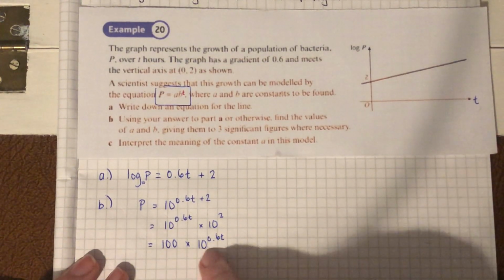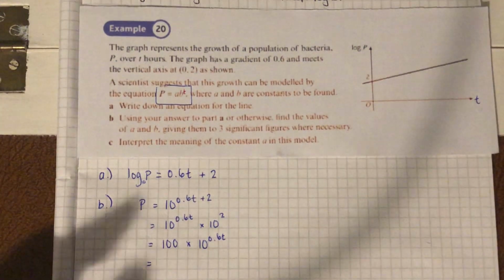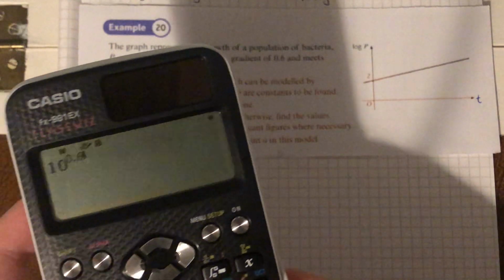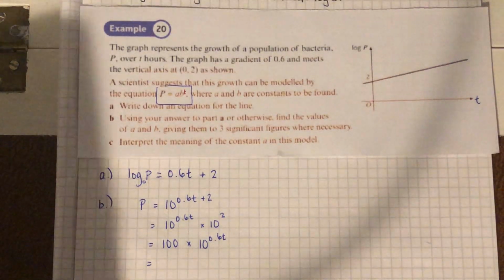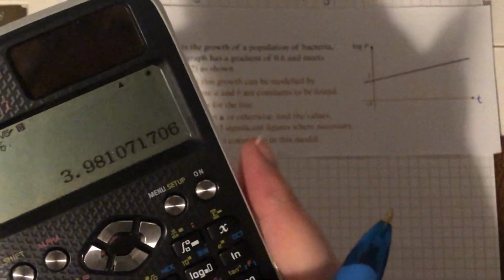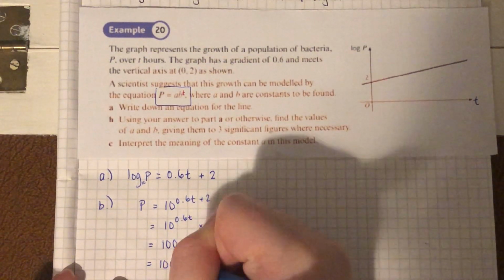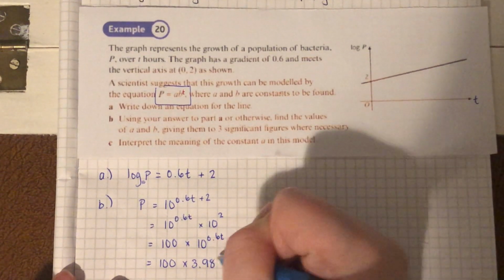So I don't like it being 10 to the power, so I am actually going to work out what that is on a calculator. 10 to the power of 0.6 is 3.98, to 3 significant figures. So 100 times 3.98 to the power t.